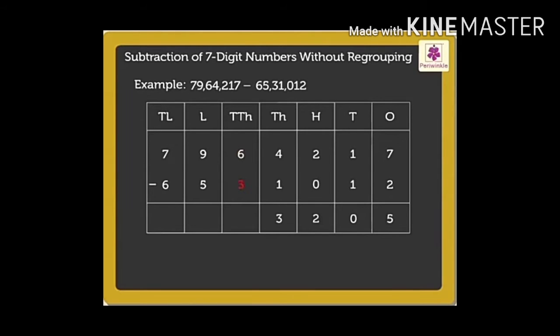Next 6 minus 3, 3. 9 minus 5, 4. 7 minus 6, 1. So this is the subtraction without regrouping or borrowing. So when you subtract these two numbers, we'll get the difference. What is the difference? 14,33,205.